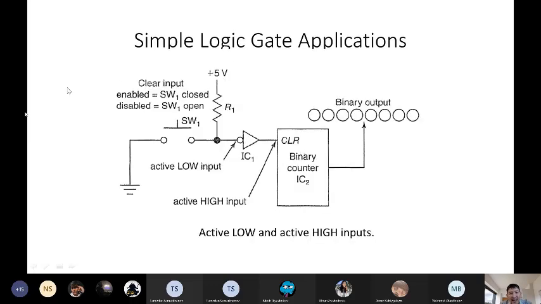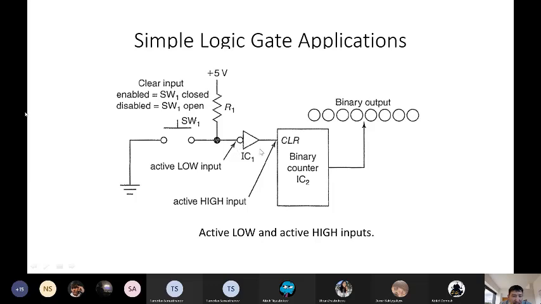Okay, so let's consider another kind of simple logic gate application. For example, we already assembled this one. Do you remember? Yes, in the last work. It counts the number of signals, right? It's just a counter. Here, the inverter can be used just to clear the reading.